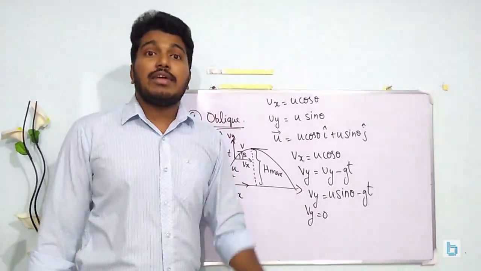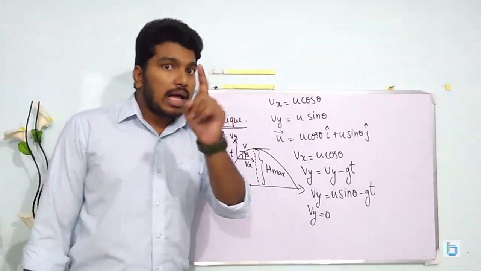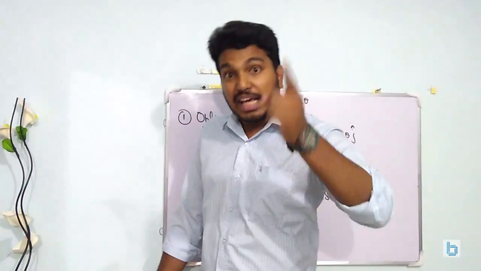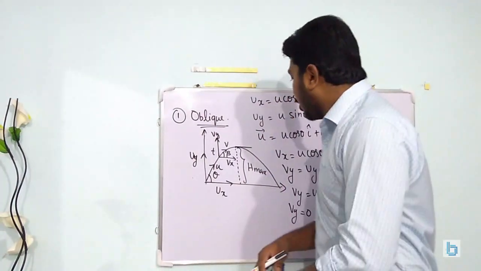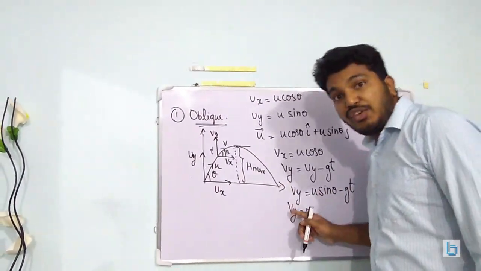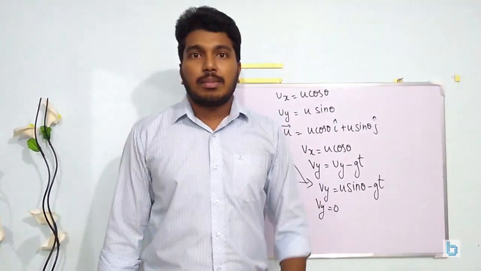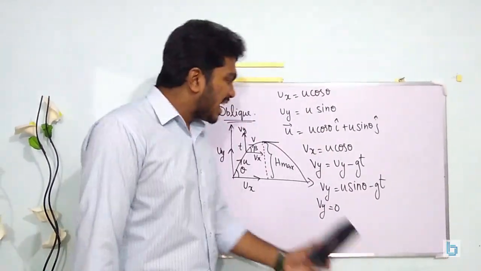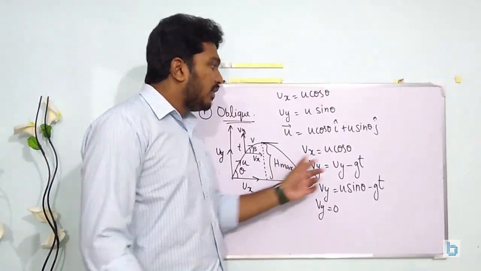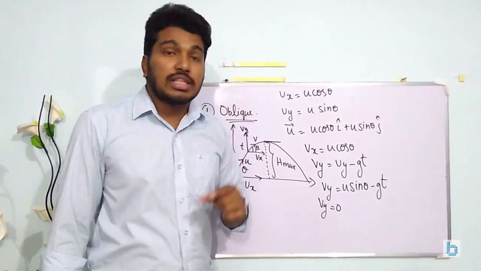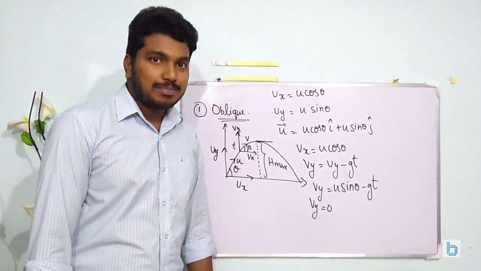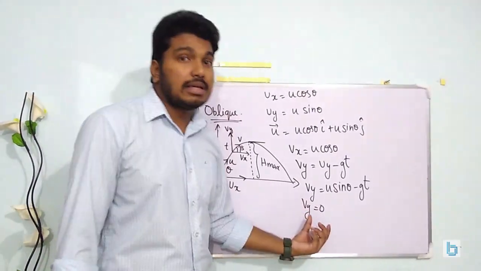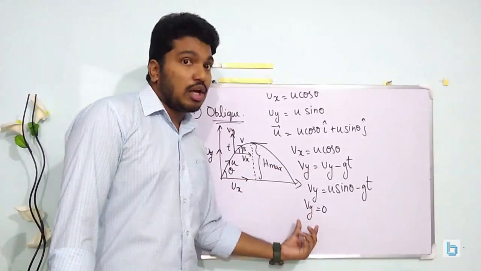At maximum height, the vertical component of velocity vy is 0, but vx is still there. So there is a velocity there, and therefore there will be an energy there also. So that's the basic idea based on the velocity.